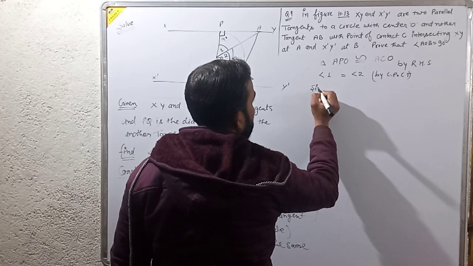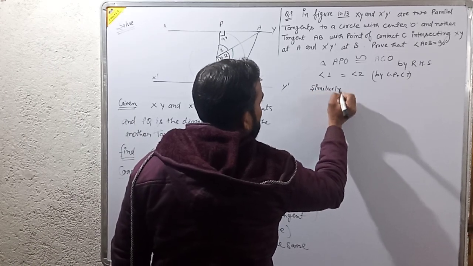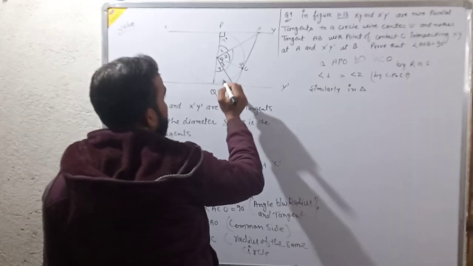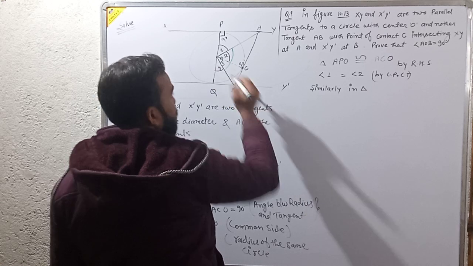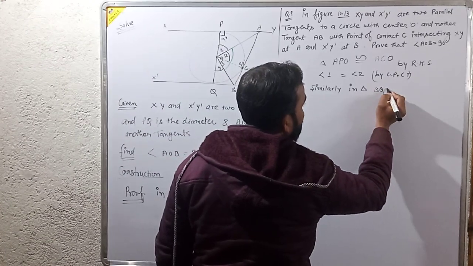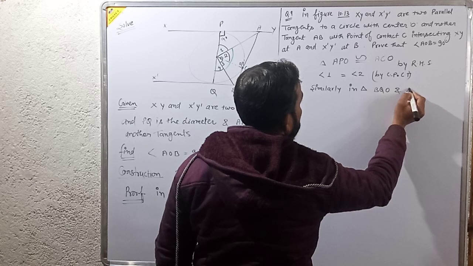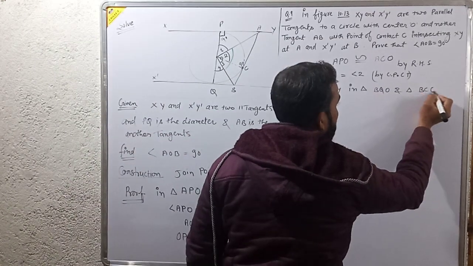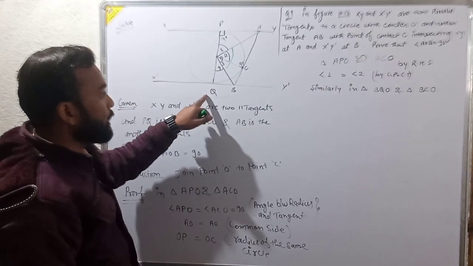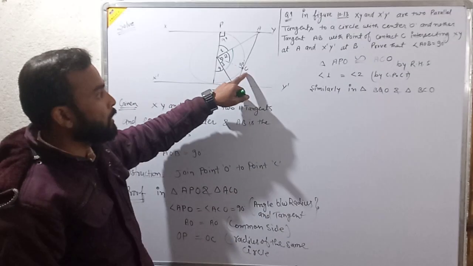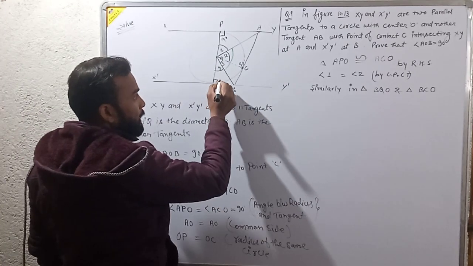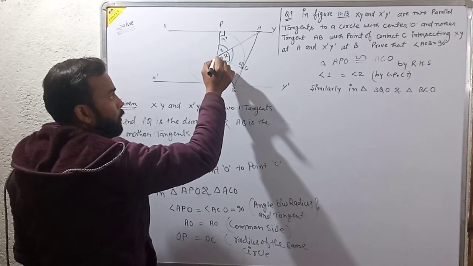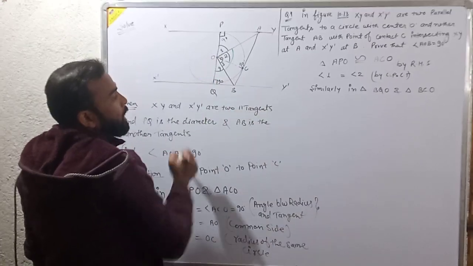Similarly, in triangle BQO and triangle BCO, this angle will be 90 degrees because X dash Y dash is the tangent and OQ is the radius.